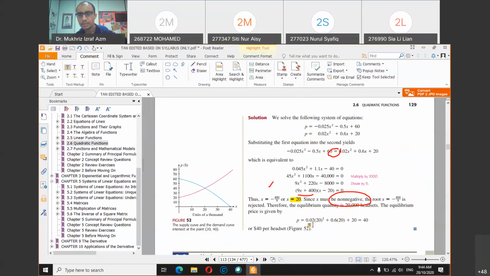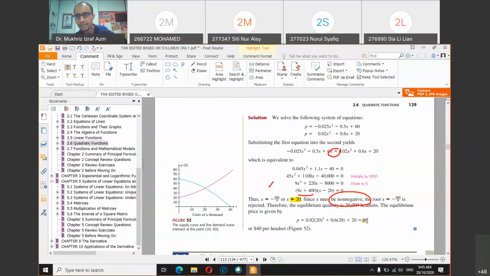So in the example here, 20 is being substituted into the supply function. You can see the 0.02 is referring to the supply function. But if you were to substitute 20 into the demand function, negative 0.025 multiplied by 20 squared, minus 0.5 multiplied by 20, plus 60, you will get 40.